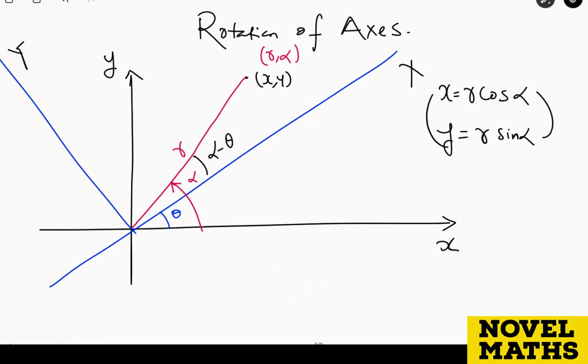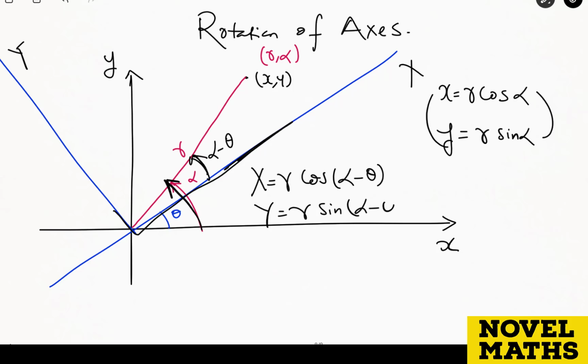Simple, right? Now in this coordinate system, small x and y, the rotated axis, the value of x will be r cos of what angle? Cos of this angle. This is my reference point, right? This and this. So this angle we need to see. In the original coordinate system, we were seeing this value alpha. Now this is alpha minus theta, and y is r sin of alpha minus theta.